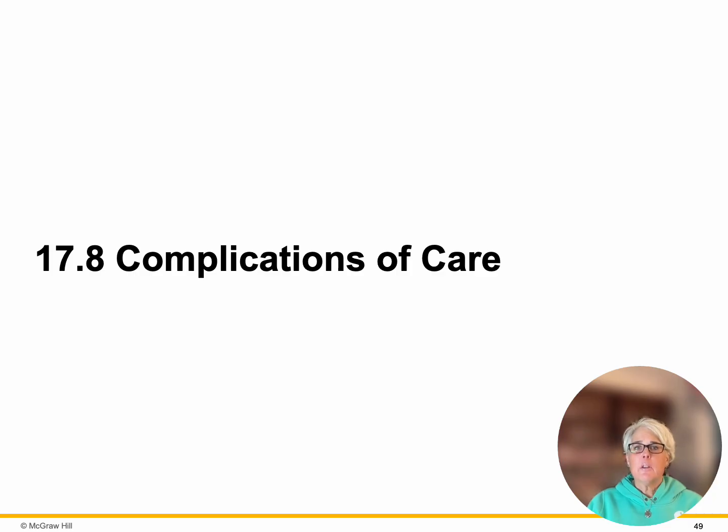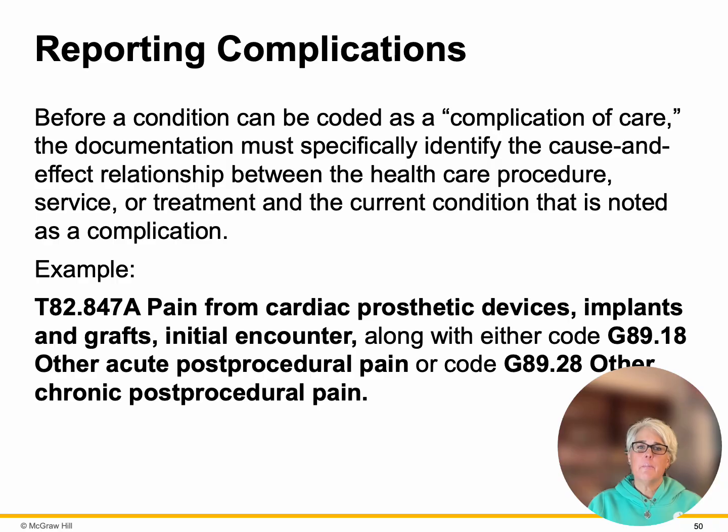In our last section, we're going to look at complications of care, conditions that arise as a result of medical treatment. Not every bad outcome is a complication. There must be a clear cause and effect relationship documented. So before assigning a complication code, you need explicit documentation linking the device, procedure, or treatment to the problem.